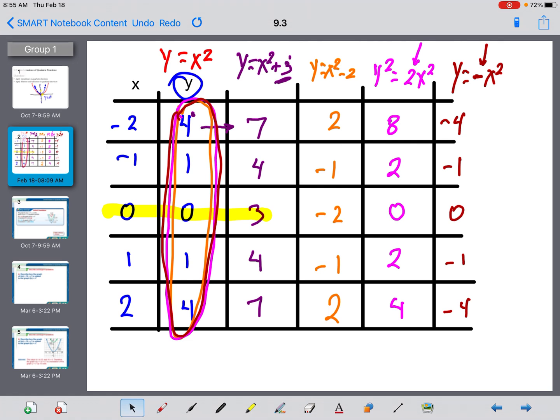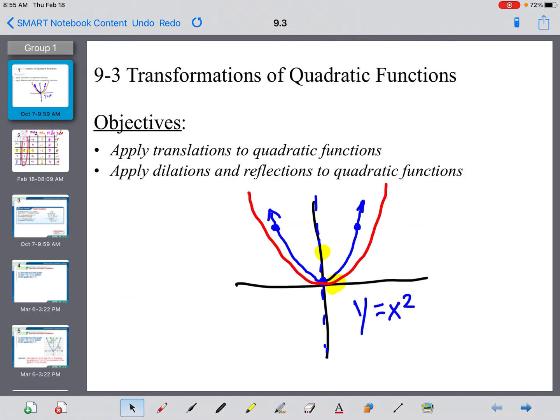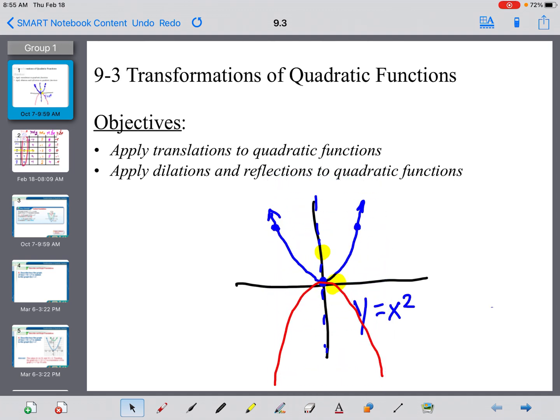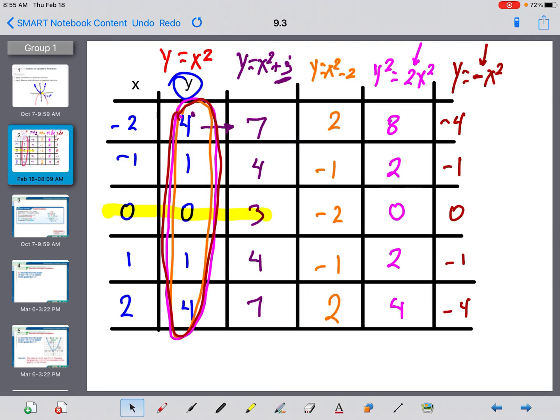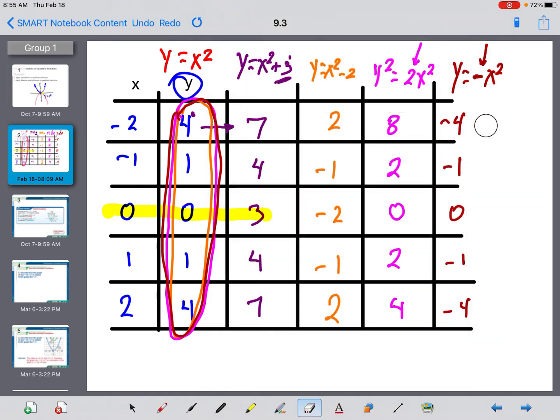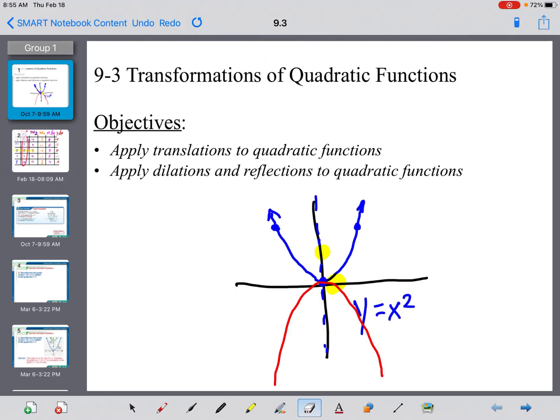And what that does, I can't really show it to you like I want to. Let me put this back where it belongs first. What happens then is the graph flips around and opens down, because you can see points like negative 2, negative 4, somewhere down here.